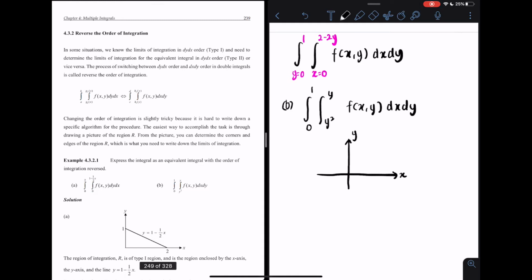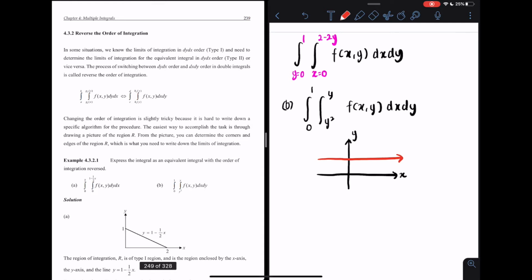According to our information, we have to sketch an arrow, and this arrow should be sketched parallel to the x-axis from left to right. According to this arrow, it will touch x is equal to y squared first. So you have to be able to relate with all the information that you have obtained starting from chapter 1.